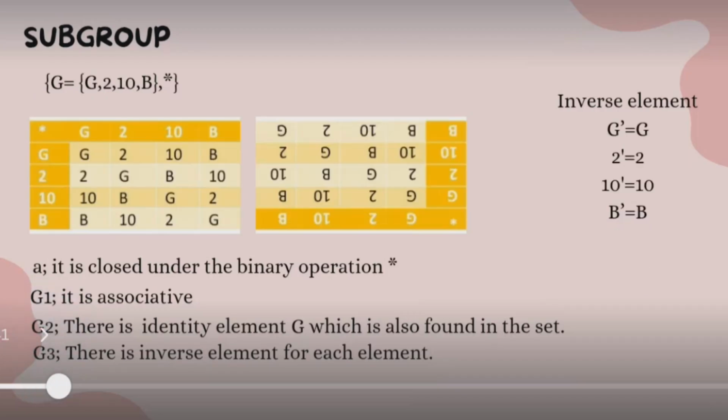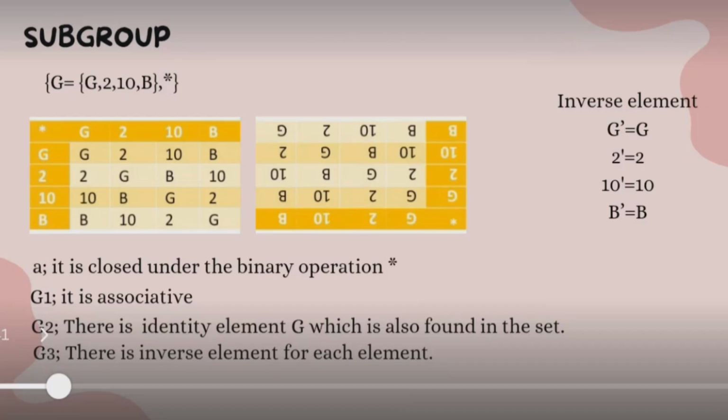So next, we have the 4-element subgroup. It is the set of G with the elements G, 2, 10, B. Like what we did a while ago, it is also closed under the binary operation. It is also associative. It has the identity element G, which is also found in the set.